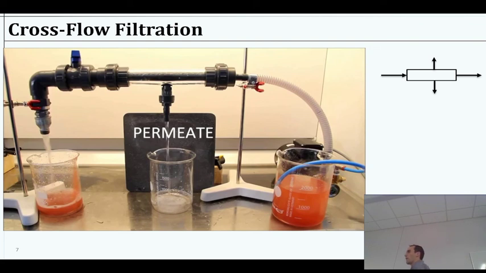Okay, so here's a lab scale demonstration of a cross flow system. I found this image online, and essentially what we see here is a membrane setup, what we would call a tubular membrane, where we have a hollow tube with some wall thickness.